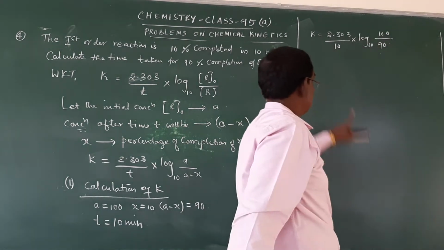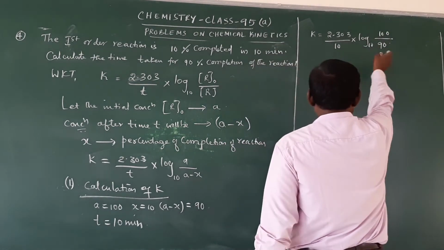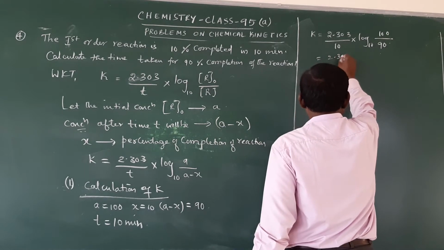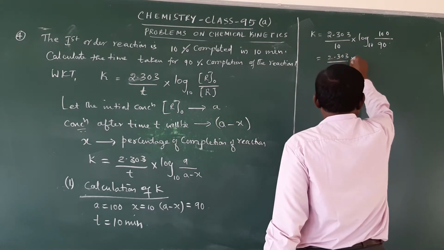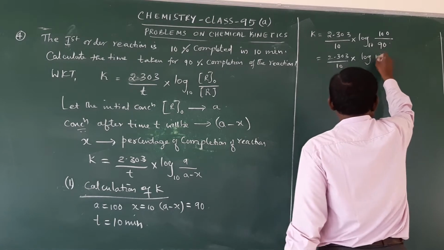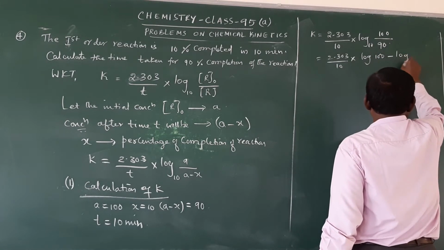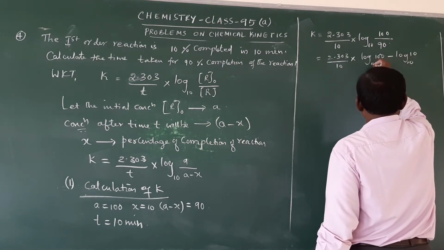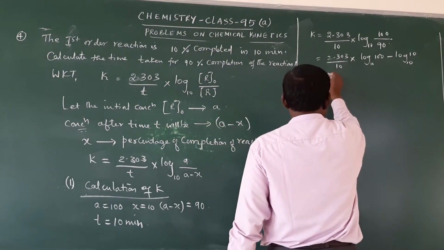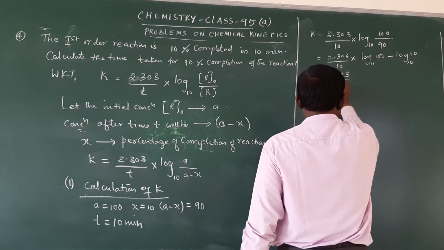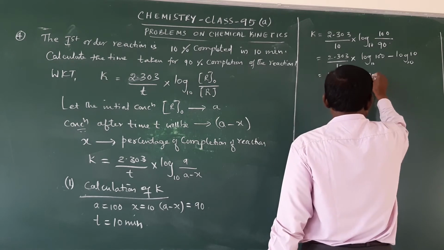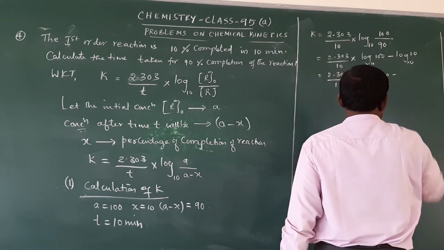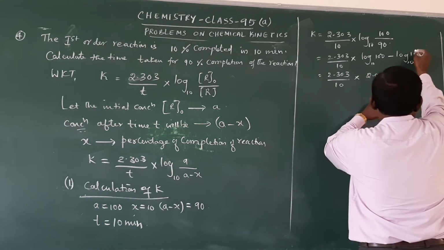Now we have to calculate this. This can be written as 2.303 divided by 10 into log 100 minus log 90, to base 10 of course.